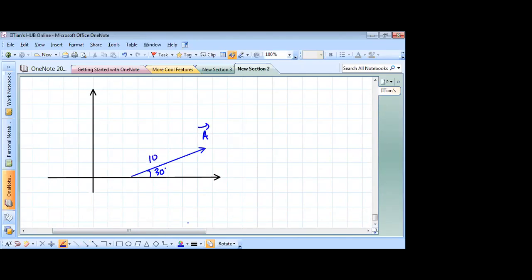And the vector B is drawn like this. Now that is also magnitude 10.